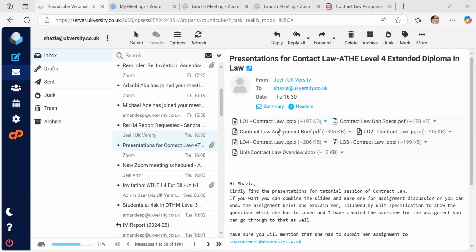Yes, this is the Josh one. This is the only one I've been given, but I have got an old one. Let me just see if I can contact someone. It says extended level 4 contract law. I don't know why yours is different.